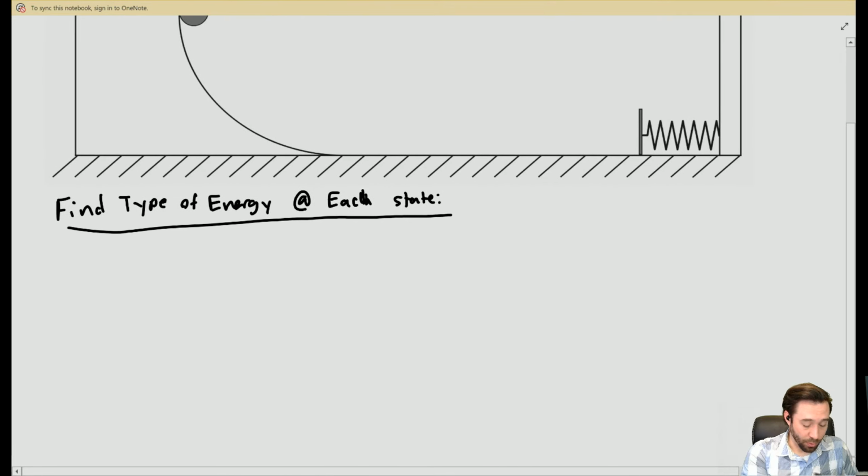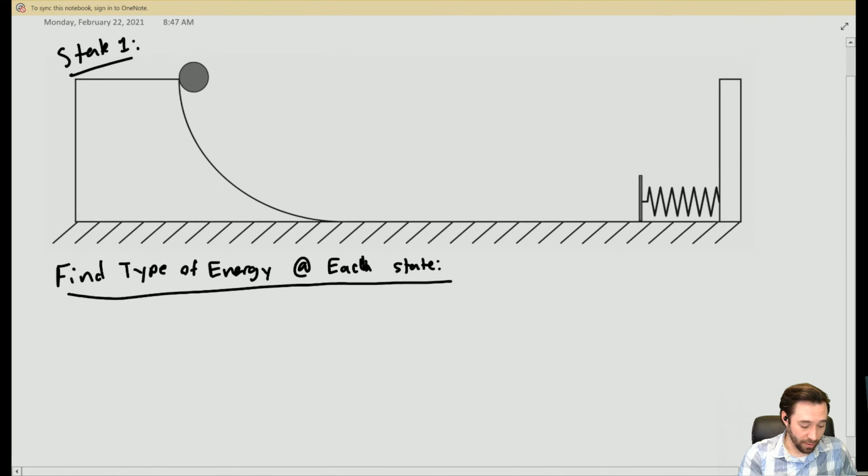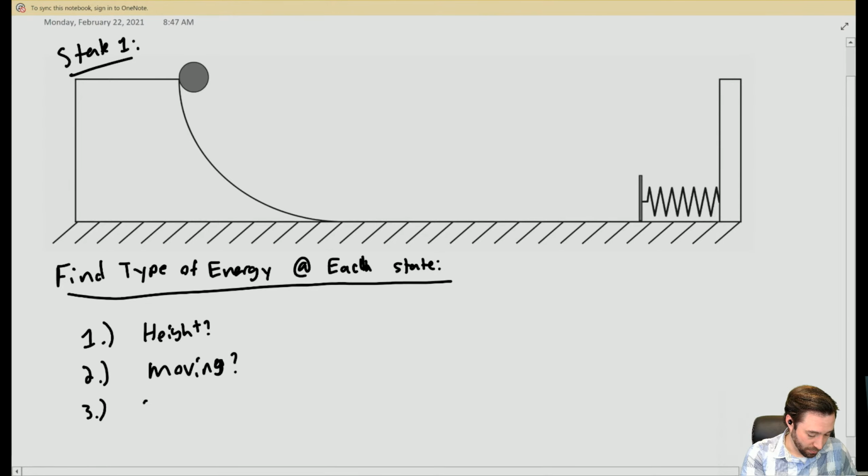Now, the questions that you ask are, is there a height? It doesn't matter what order these are in, and I'm just going to abbreviate here. So is there a height from the ground? Is it moving? In other words, does it have a velocity? And is the spring stretched or compressed?